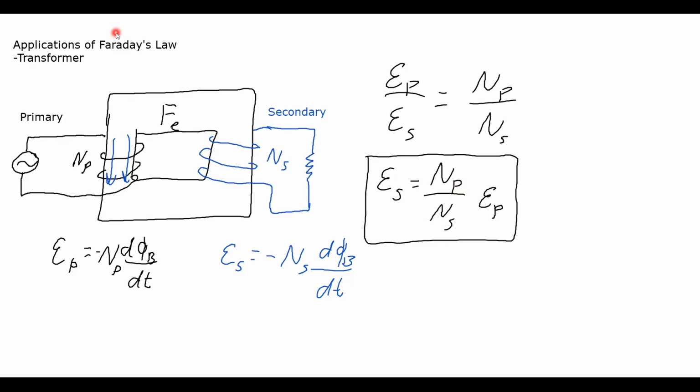So let's look at a couple scenarios. Let's say I have more turns on the primary side than on the secondary side, so NP is greater than NS. In that case, this is going to give me a higher voltage in the secondary circuit.